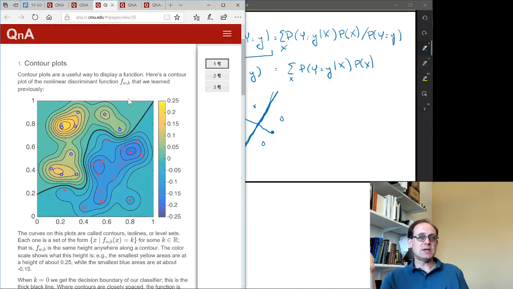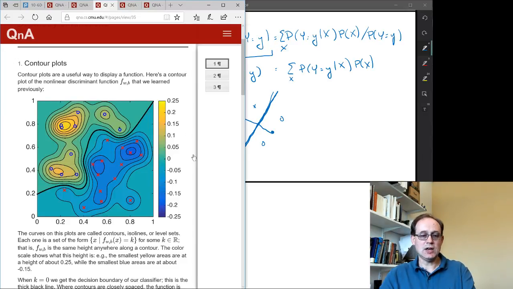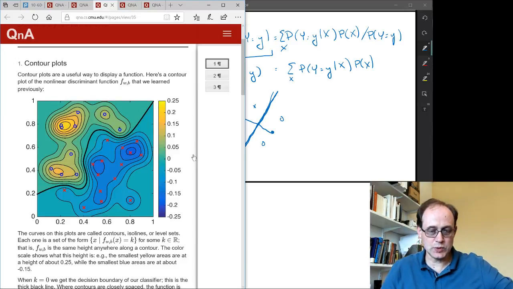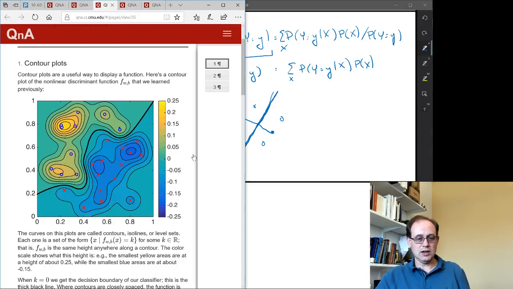All right, so we have these vector spaces of functions. Before we go too much farther in talking about them, I want to take a detour and talk a little bit about intuition for how to work with functions. And maybe one of the most useful bits of intuition is what's called a contour plot.